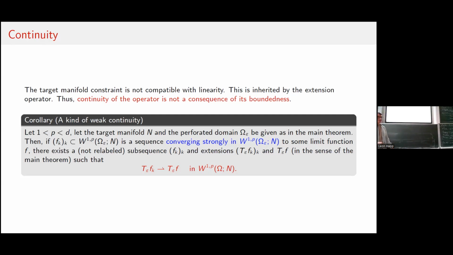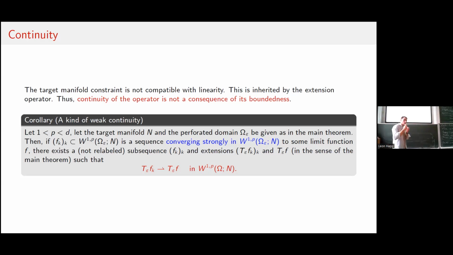What we can show is a kind of weak continuity, even though this is mostly not what is referred to if you talk about weak continuity. But what I mean is, imagine on the stiff part, you have a converging sequence in W1P, strongly converging. Then you can choose your extension operators such that the extensions converge weakly in W1P, actually. Why do I say choose?